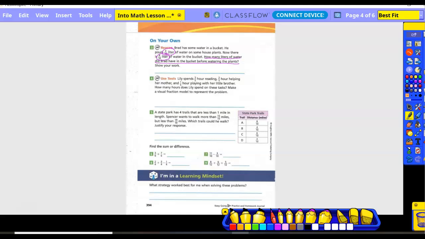We're finding the total because 3/10 is part of what he poured on the plant, and 4/10 is the other part that was left in the bucket. So the word before lets me know we are going to add.